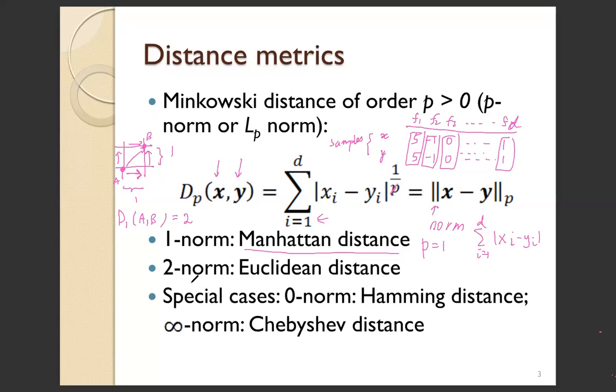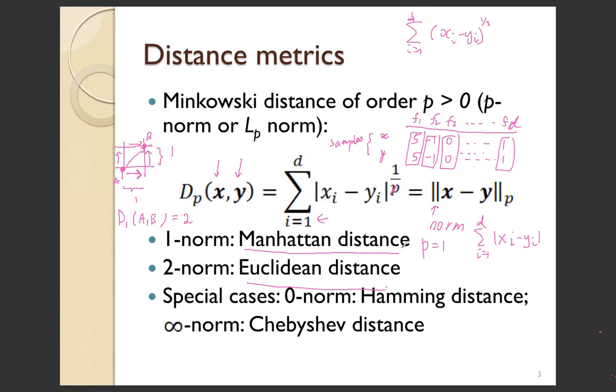If you have 2, then it's your usual Euclidean distance. Basically it will be the sum of xi minus yi, squared, then square rooted. So this is your Euclidean distance, which everyone is familiar with.